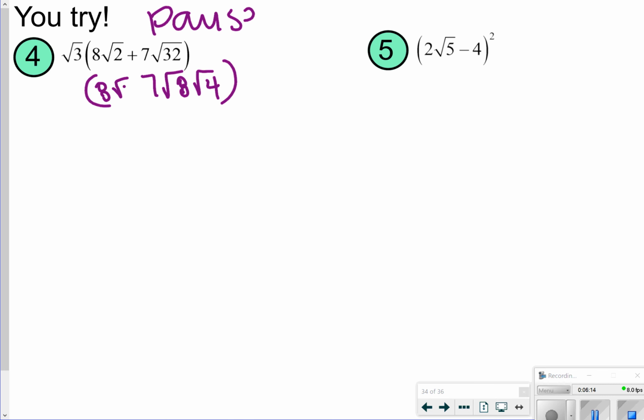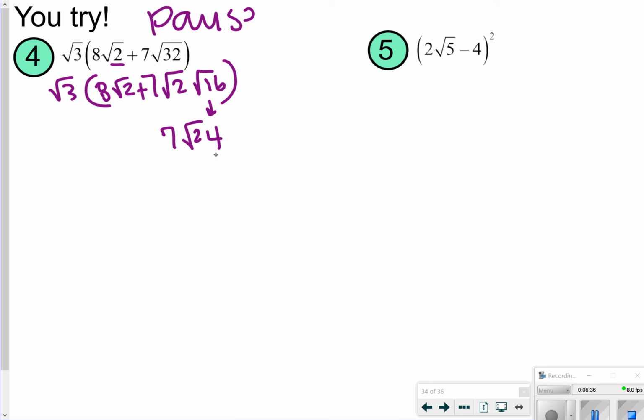So I have 8 square root of 2 plus 7 square root of 8 times 4, still with the 3 on the outside. Even better, because I want to match up that 2, I'm actually going to pick square root of 2 and square root of 16. So I can match this 2 up with this 2. Square root of 16 can be simplified to 4.